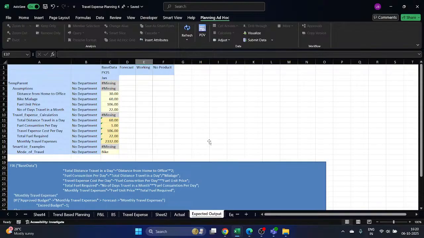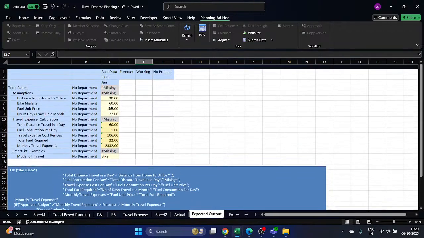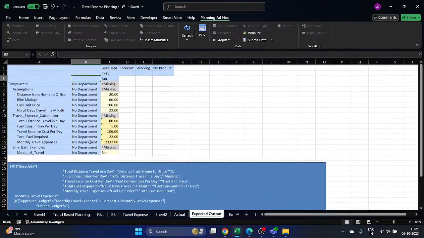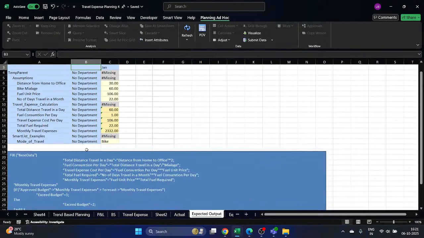Once we create them, we will keep them in dynamic calc. Those that are parent and child, we will keep under store. Under entity we will select the particular entity, like facility resource or any of the entities here.